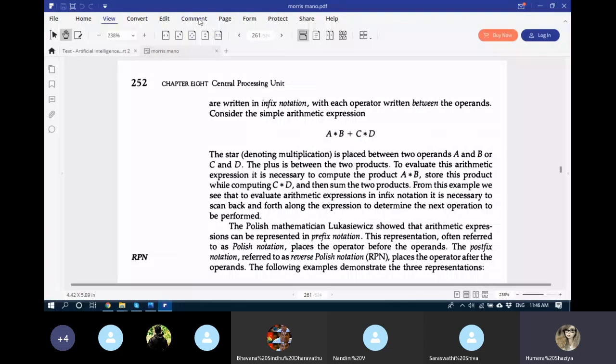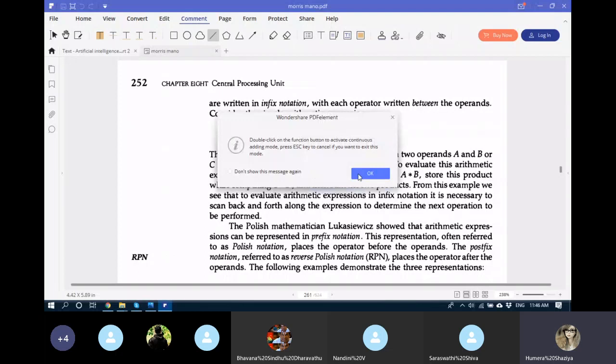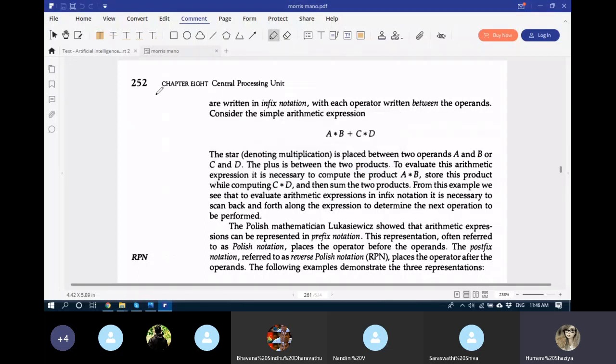What happens is, what do you do here? First you write the operands. What are the operands here? A, this is the first operand. And if you put the operator here, this is in between operands.